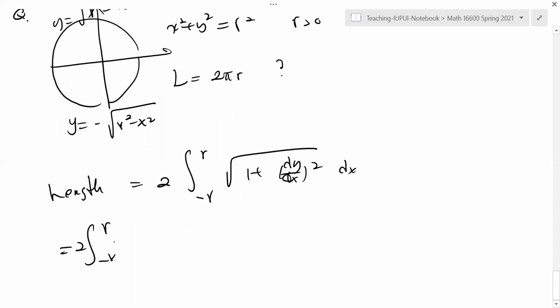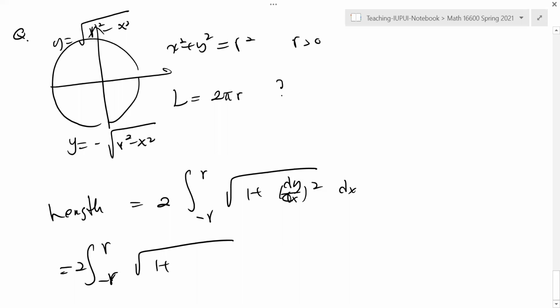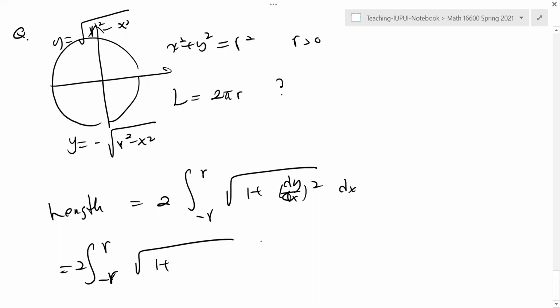Okay. Now, when you differentiate, dy over dx, this is a square root. So dy over dx is going to be, let me write down the formula, negative x over the square root of r squared minus x squared.